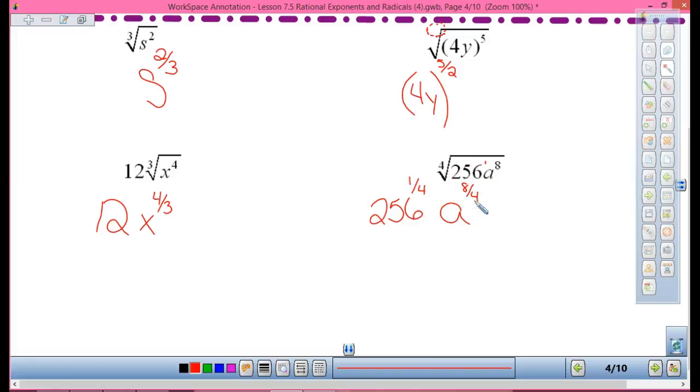All right, so now let's do some simplifying. 256 to the 1/4 is 4, and then what is 8/4? So my final answer is going to be 4a squared. Anytime you have a fraction that you can simplify.